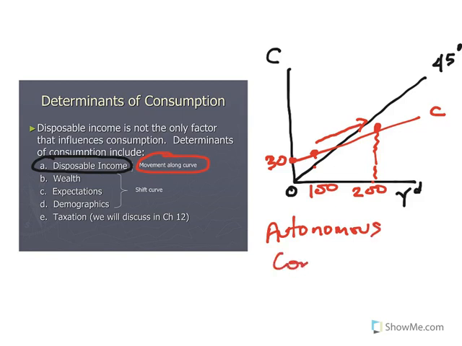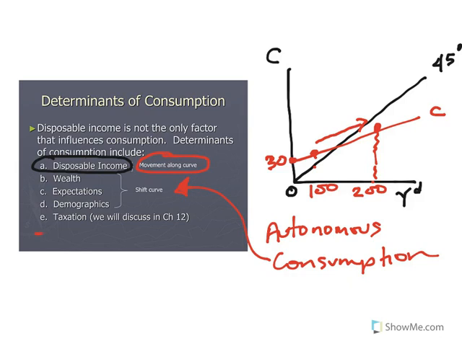In other words, what are the factors other than disposable income that are going to cause us to spend money? That's what we're looking at right here, the other determinants of consumption. Our level of wealth, our expectations, and demographics are all going to influence autonomous consumption.